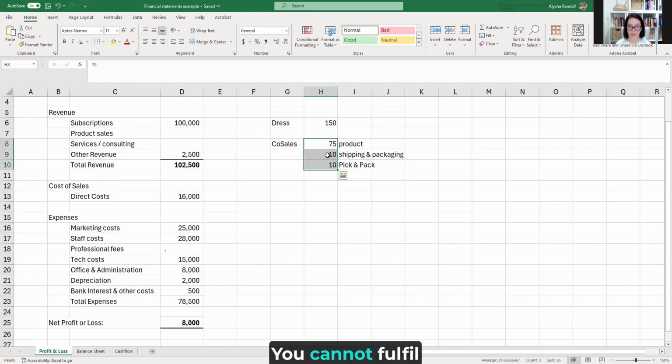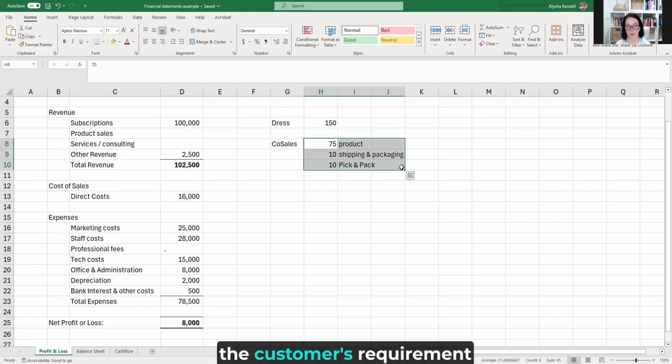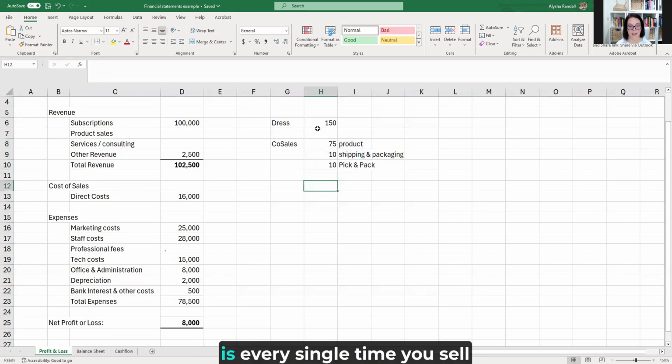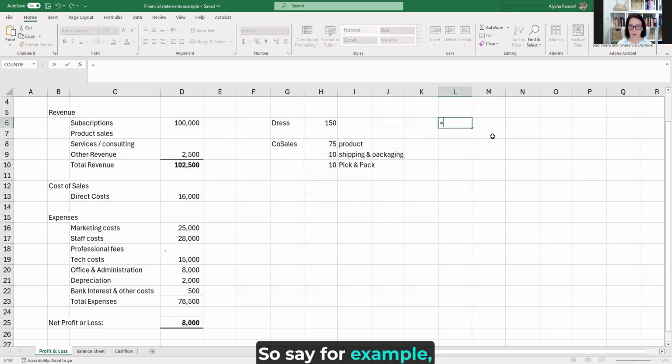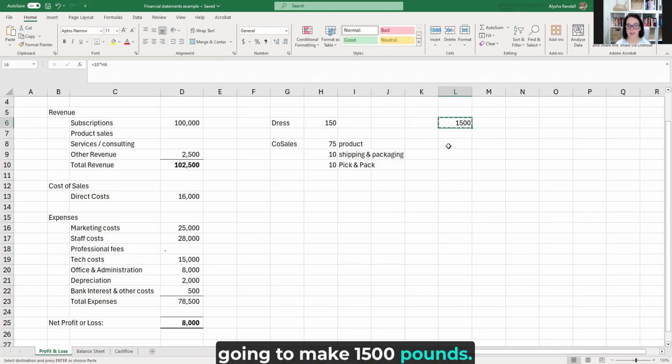You cannot fulfill the customer's requirement without these costs. Another way of thinking about it is, every single time you sell a dress, this has to happen. So it increases in line with your revenue. Say, for example, you sell 10 dresses, then you're going to make £1,500.